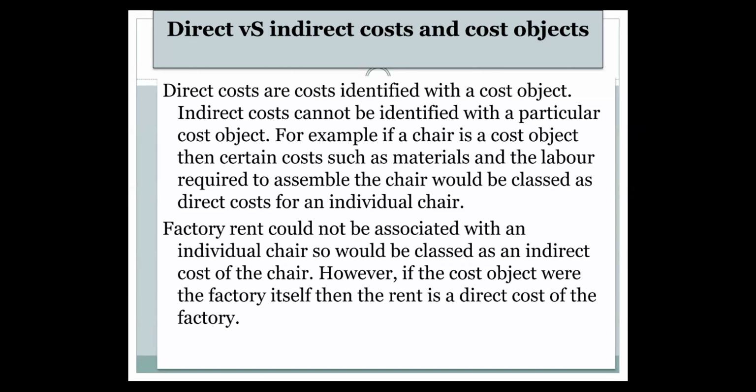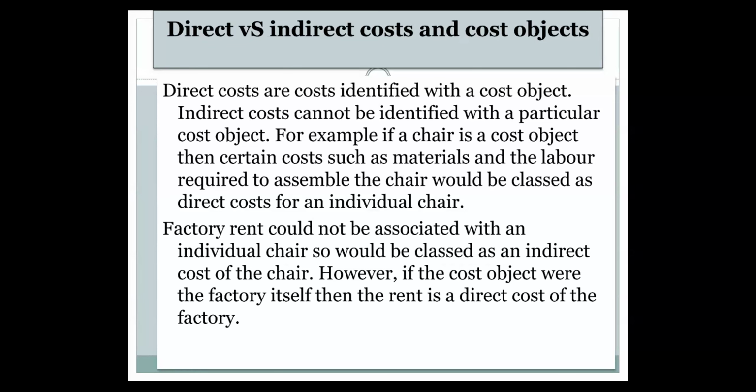Without fabrics, it is near to impossible to prepare a shirt. But when we say a shirt, the picture that comes to our mind is that it will be prepared from some fabrics. So we can trace the direct material from the product. That is the direct cost, or cost identified with the cost object.